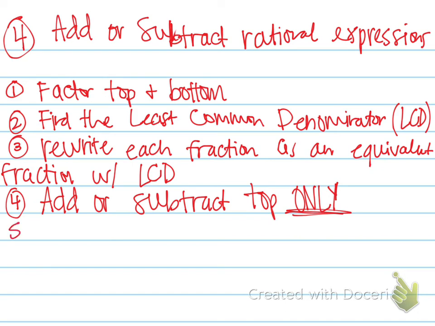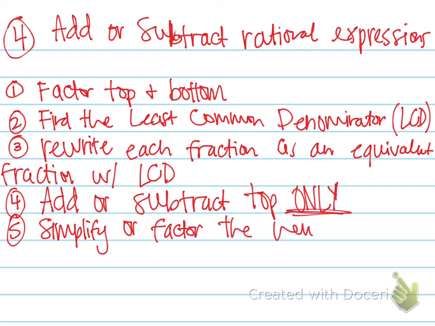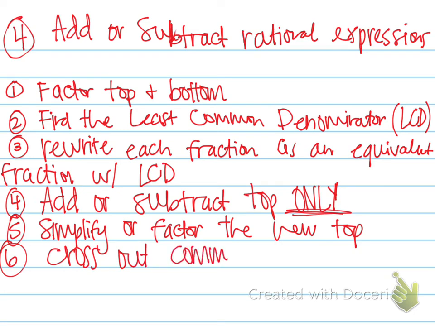Number 5 is to simplify or factor the new top, the new numerator, and obviously the 6th step is to cross out common factors.